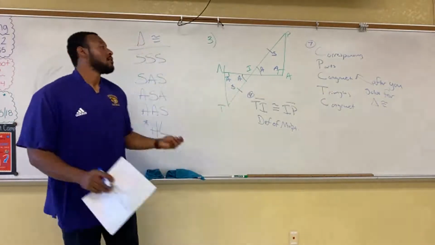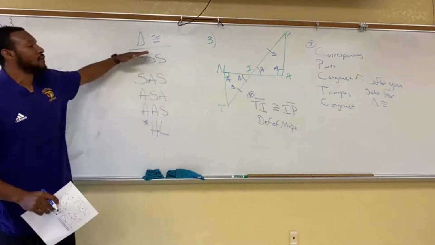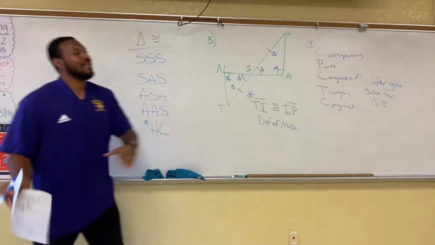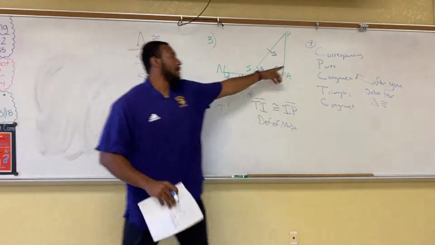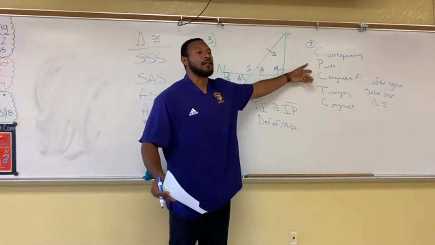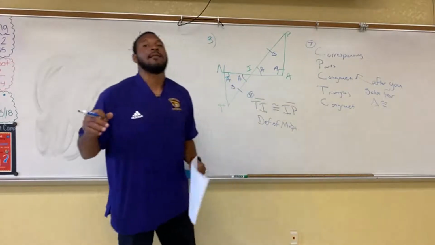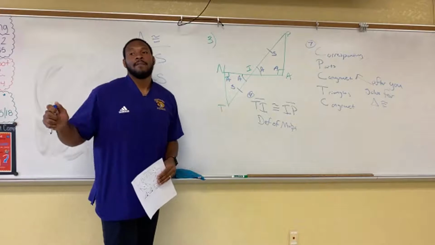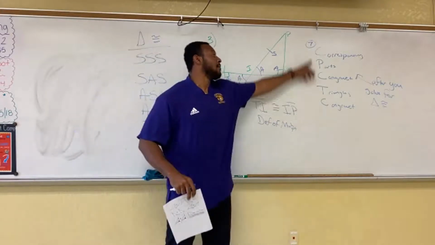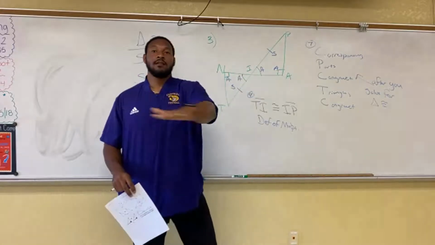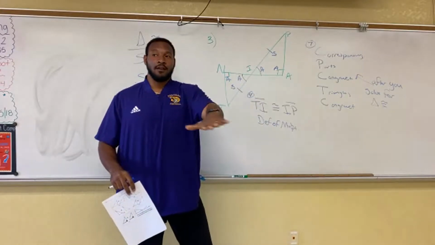That makes sense. So after you figure out your triangle is congruent from 1 of the 5 choices, anything after that is CPCTC, corresponding parts. We're going to assume they're congruent because the triangles are congruent, okay? Does everybody understand what that word means? You will see this word a lot, so make sure you understand that. Y'all good with that? Any questions? We're good so far?